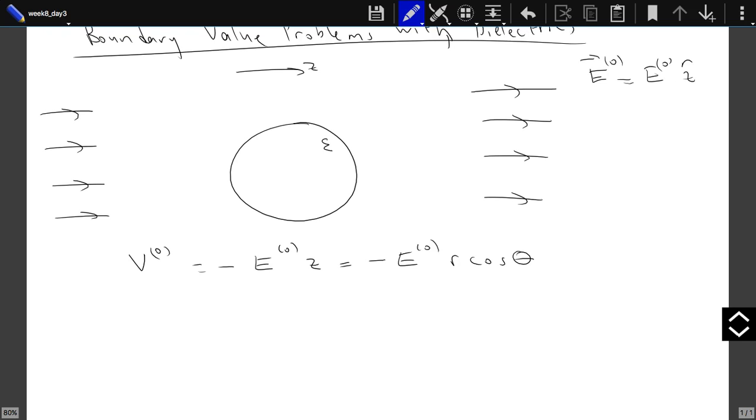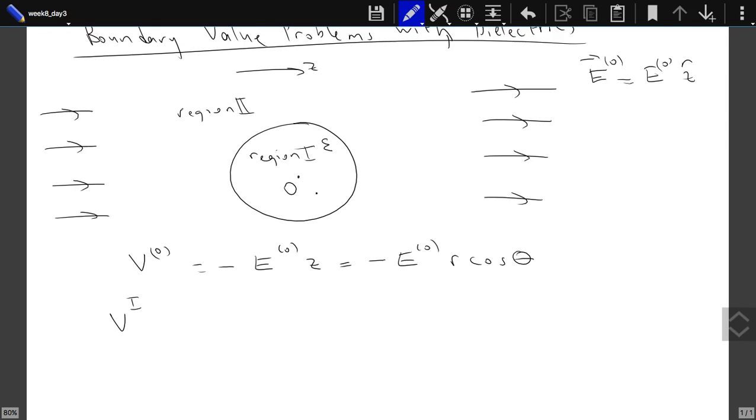Now let's do a similar thing over here. Of course, since this is a dielectric, we have an electric field also inside. The potential inside is non-zero. So let's look at that one. V1, this is region 1. This is region 2. I will use separation of variables in spherical coordinates. This is my origin.